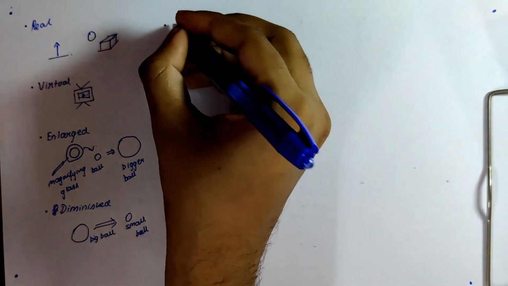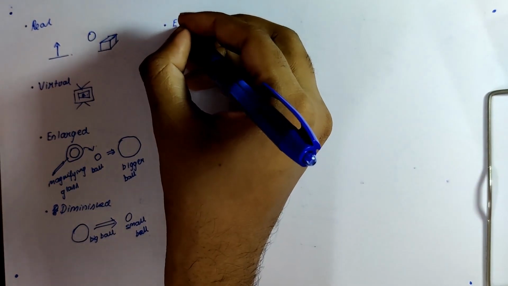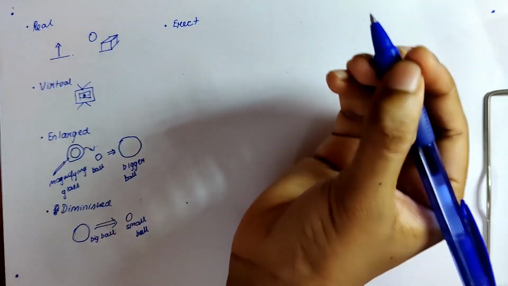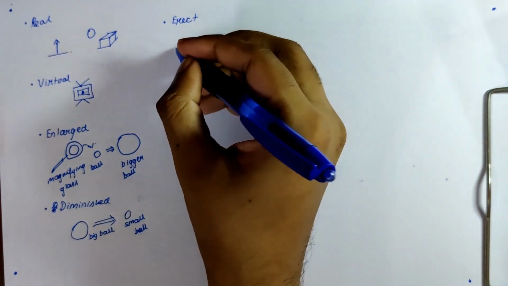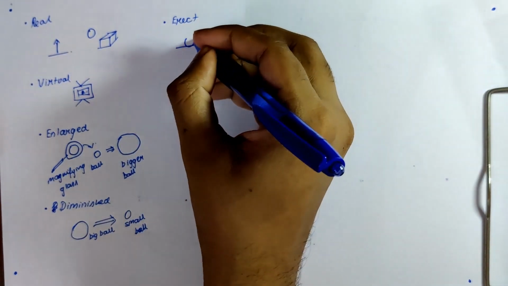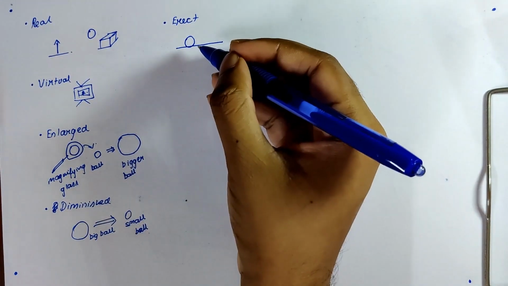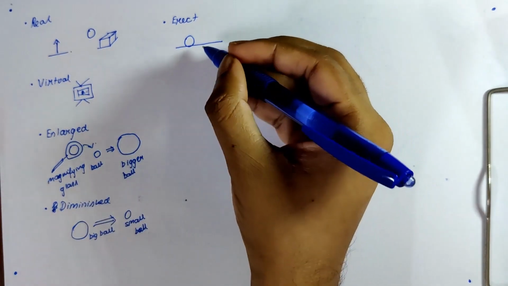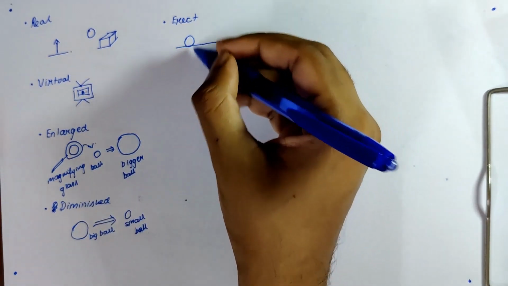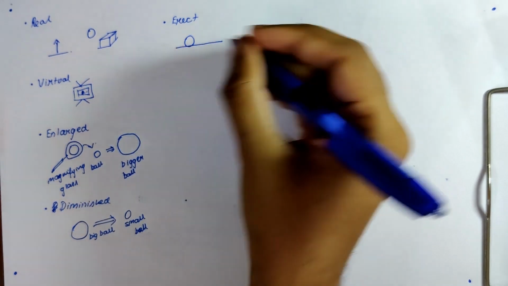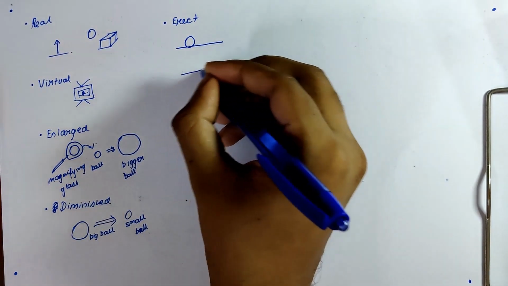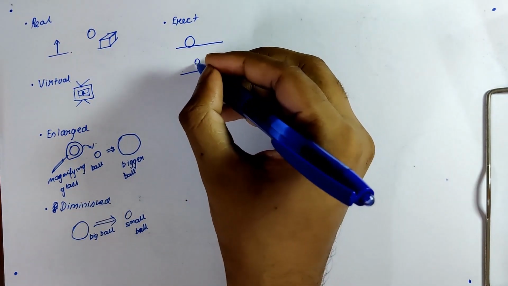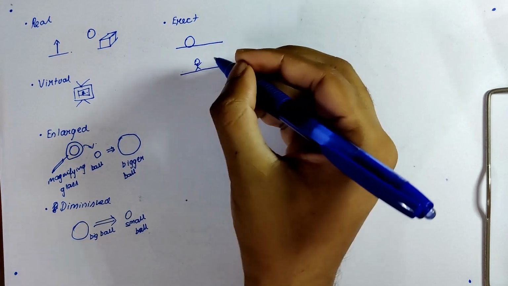So let's go to erect first. The erect object is, you have a ball standing on the ground. When you look at the ball, you see the ball standing up on the ground, right? It's called erect. You can see a person, rather, standing up on the ground.